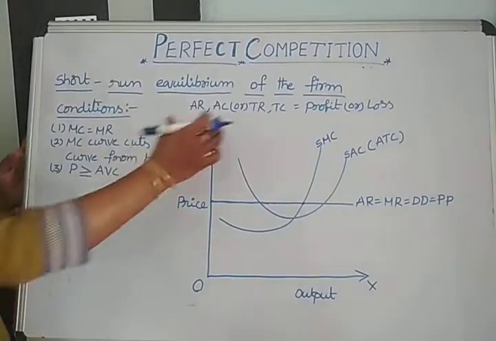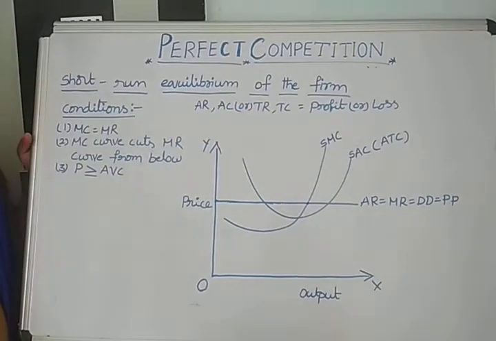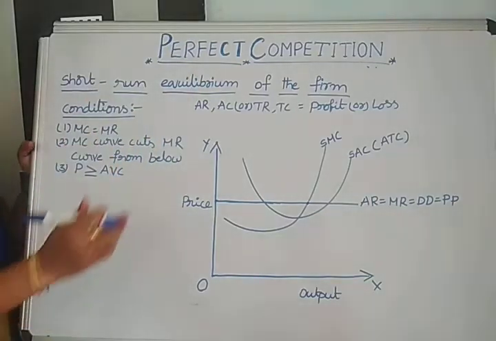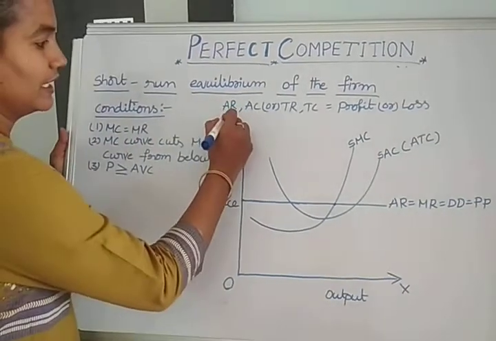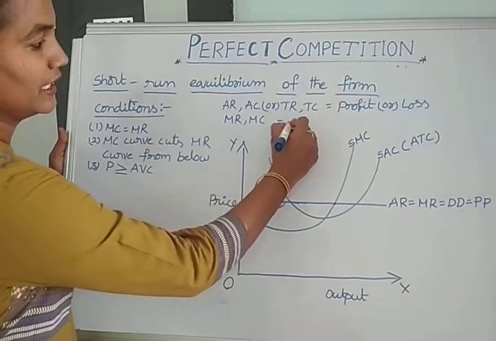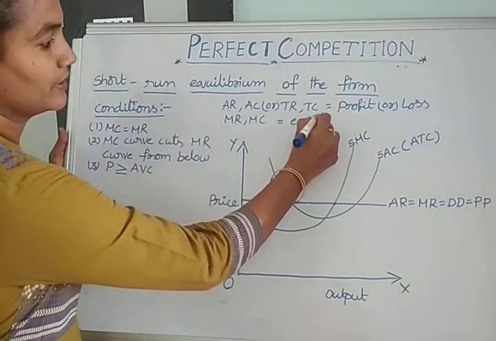Compulsorily through using these only we can find the profits or losses of the firm. And MR, MC, these two curves show equilibrium.